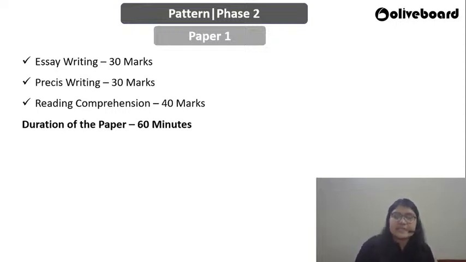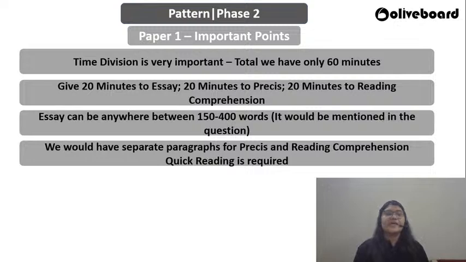One other thing is essay writing. We do not have a set pattern. We are not sure how many words the essay is required to be. It can be as low as 150, it can be as high as 400 also. So please be prepared. When you are entering the hall and starting your descriptive paper, just have a look at the number of words, and make a plan in your head.